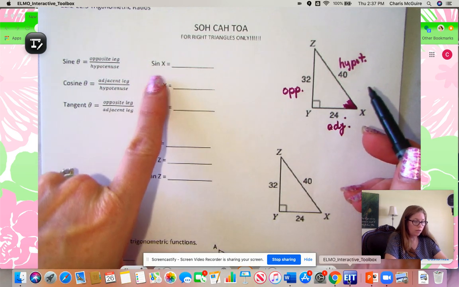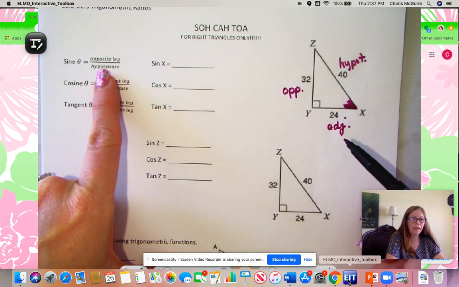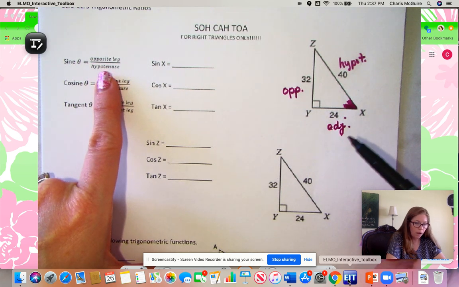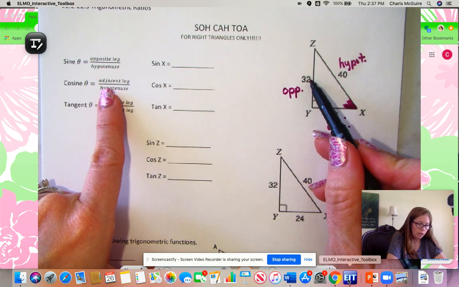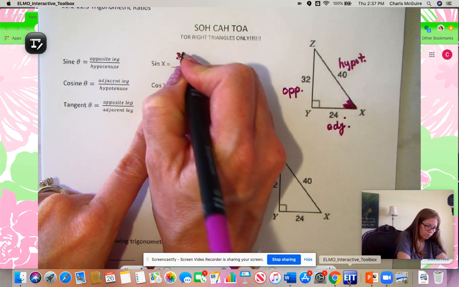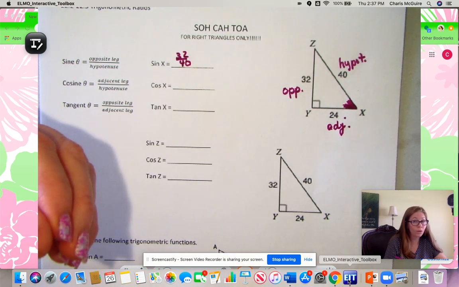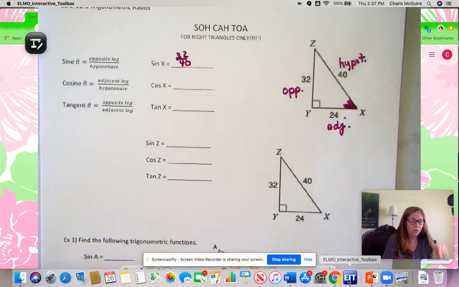So when I ask you for the sine of X, you're going to go ahead and give me this ratio, the opposite leg over the hypotenuse. So that would be 32 over 40. And of course, it's a ratio. You're not going to leave it as 32 over 40.